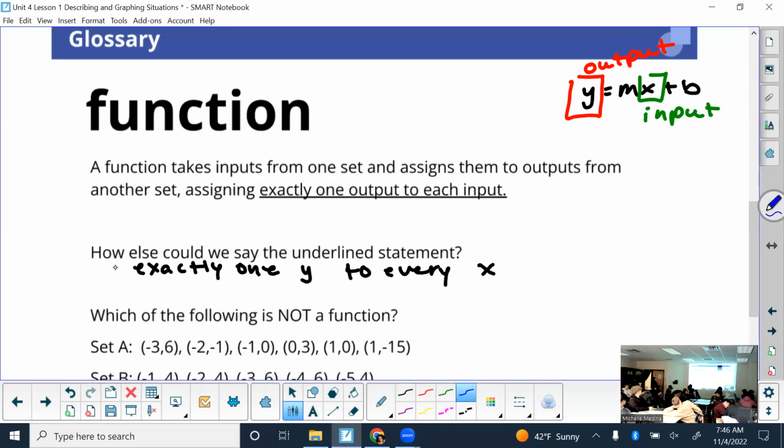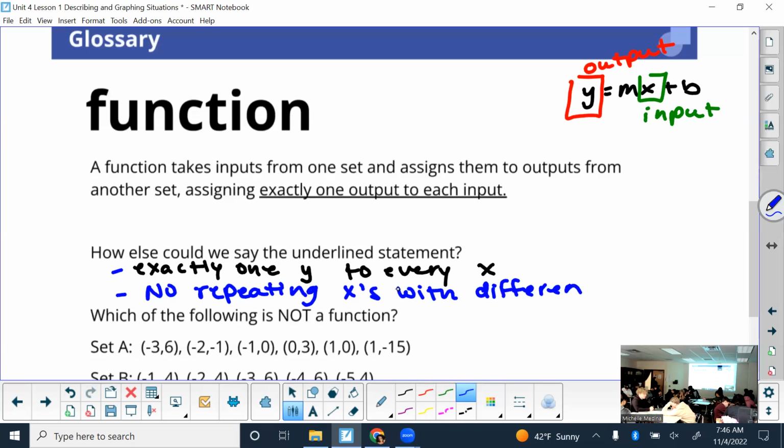My favorite way to say it is no repeating x's with different y's.